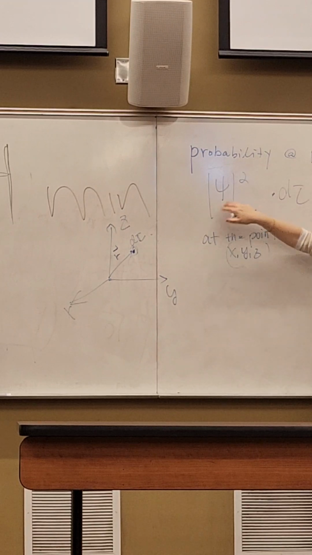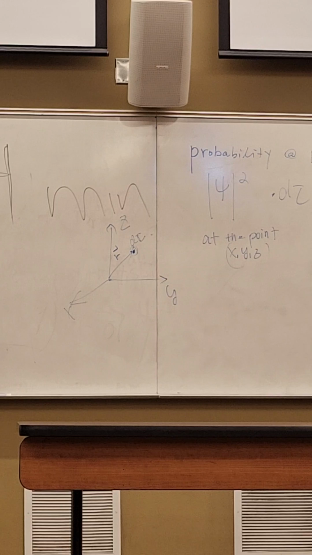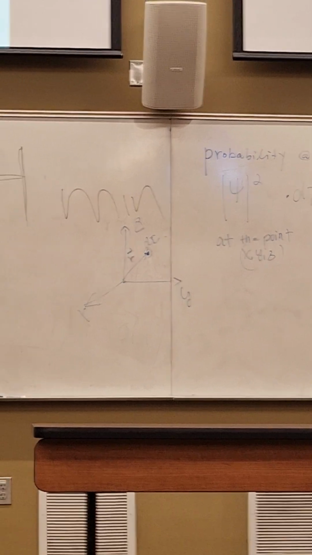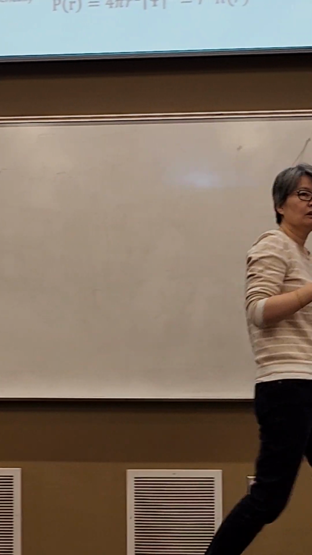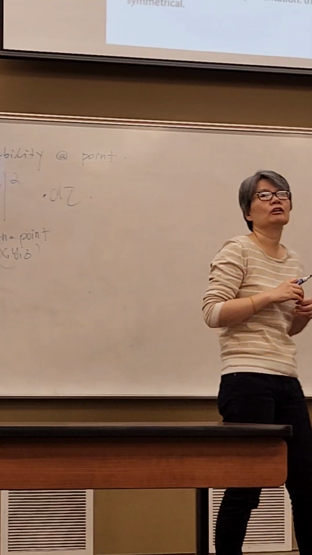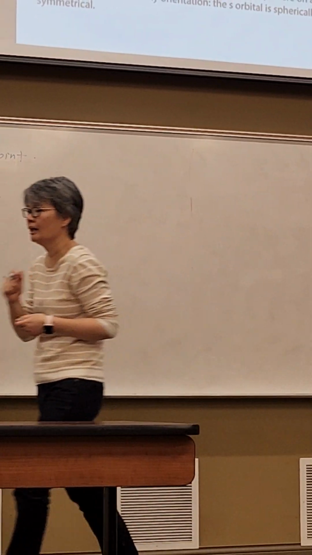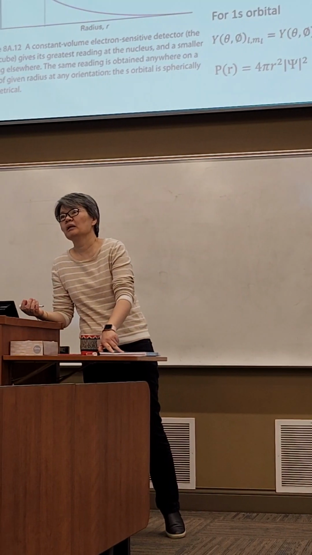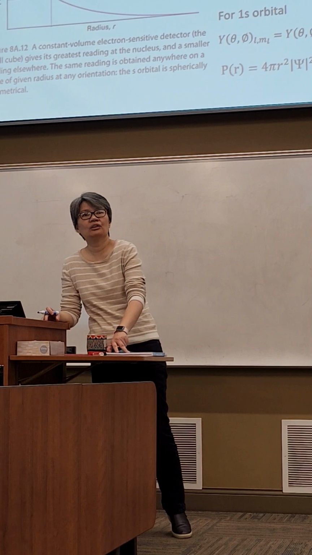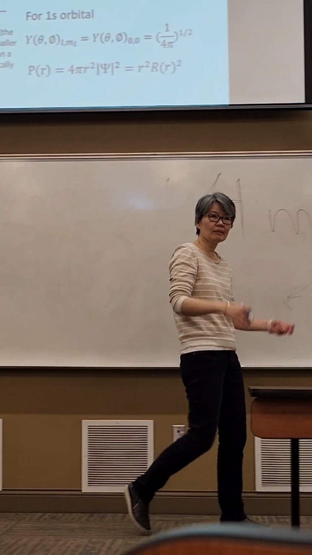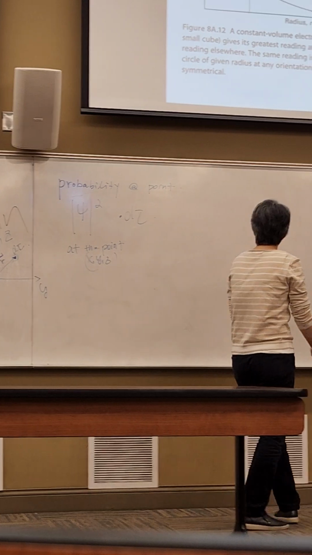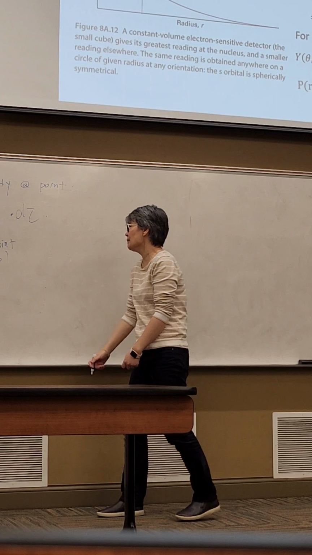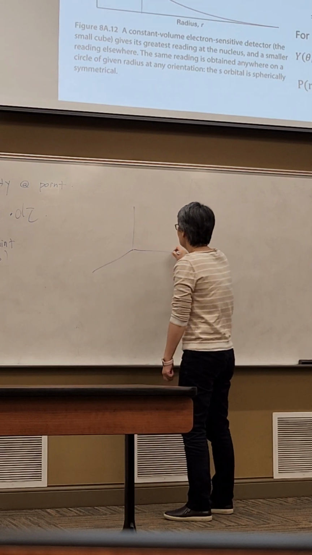So you have the square modulus of the wave function representing that system at that small volume at that location. Now, because of the unique aspect of the s orbitals, that they only depend on the radius, at constant radius, at all theta or phi angles, the wave function is exactly the same value. So we can also approach the calculation of the probability in a different way of thinking.